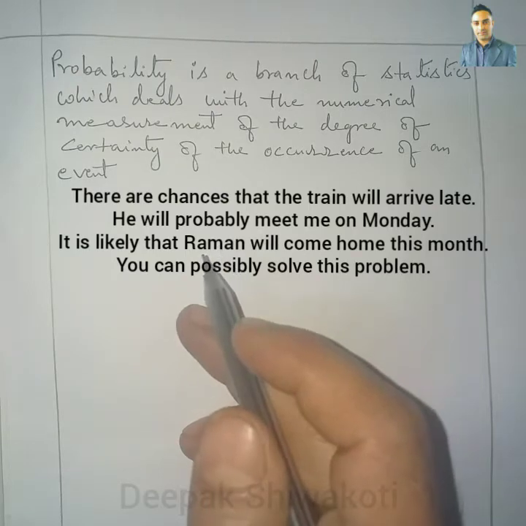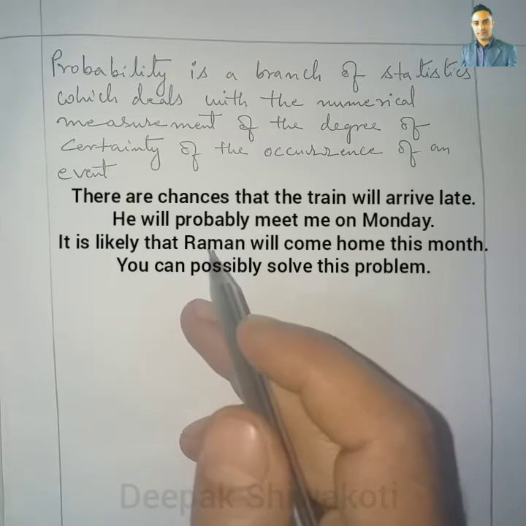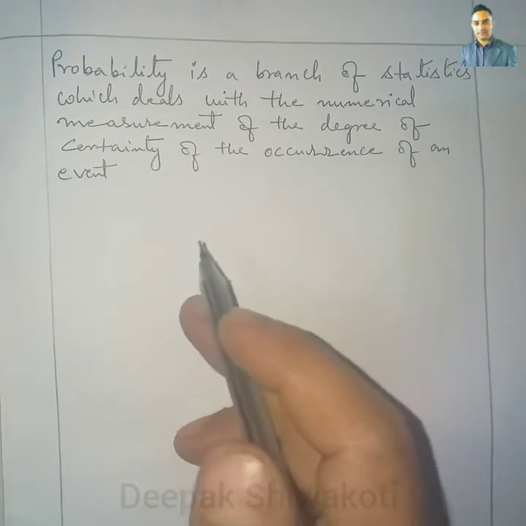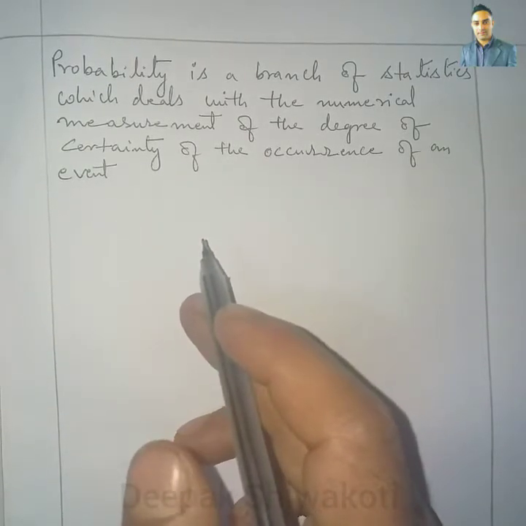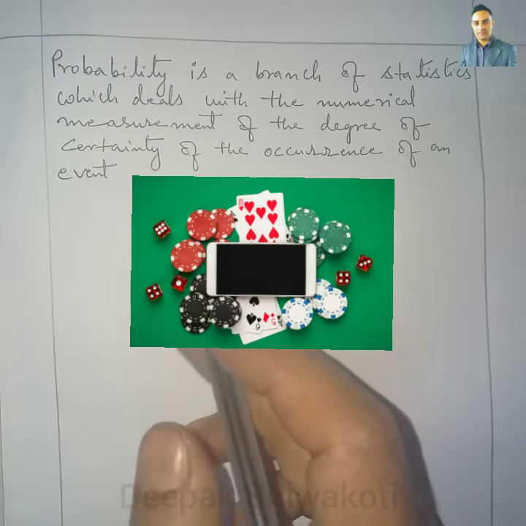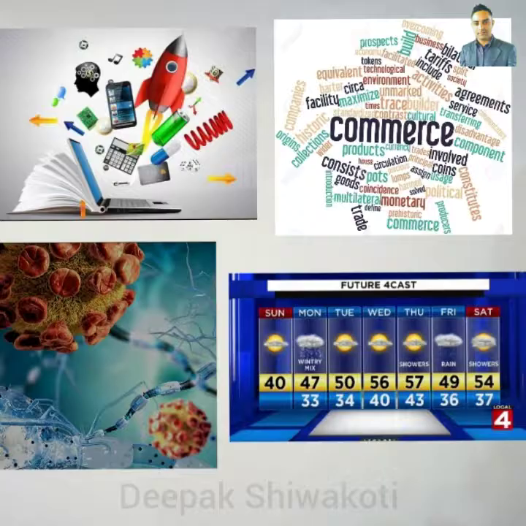So in other words, these terms show the probability of occurrence of the event. This branch of mathematics started with the gambling and game of chance. It is now used extensively in science, commerce, biological sciences, weather forecast, etc.